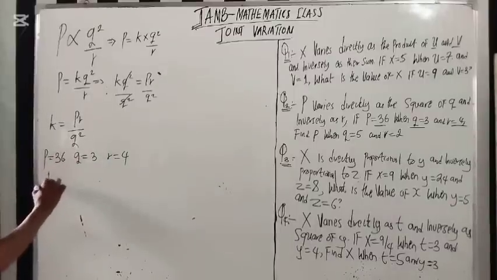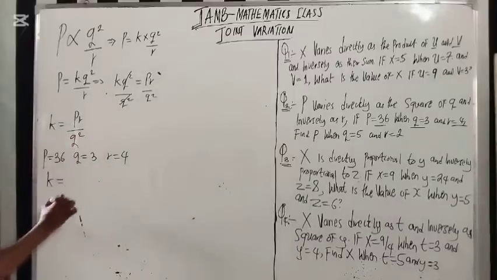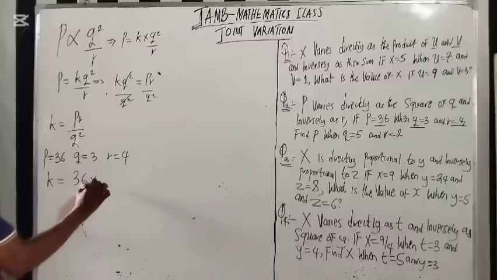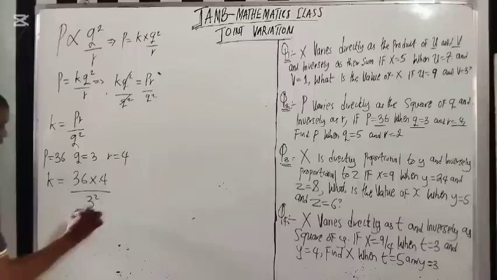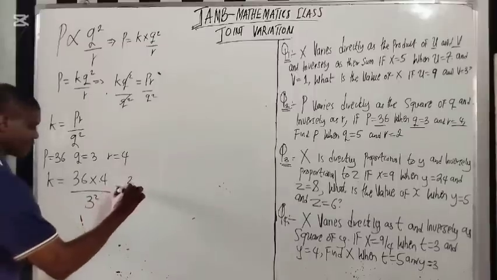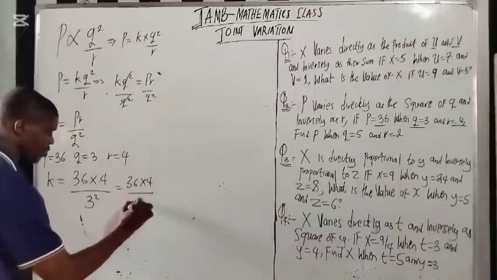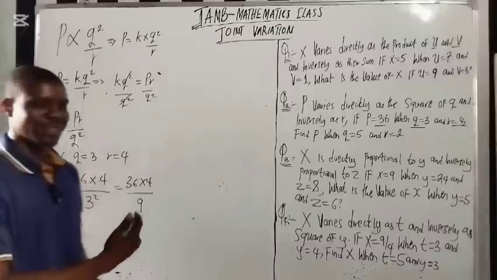K equals my P, which is 36, times my R, which is 4, over my Q, which is 3 squared. So it's going to be 36 times 4 over 9, because 3 squared means 3 times 3, which is 9.